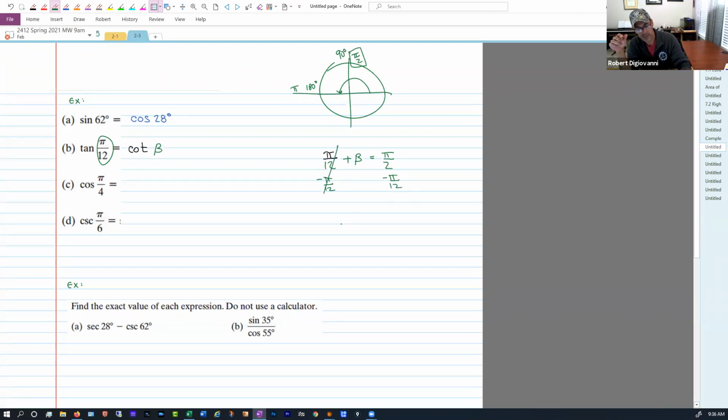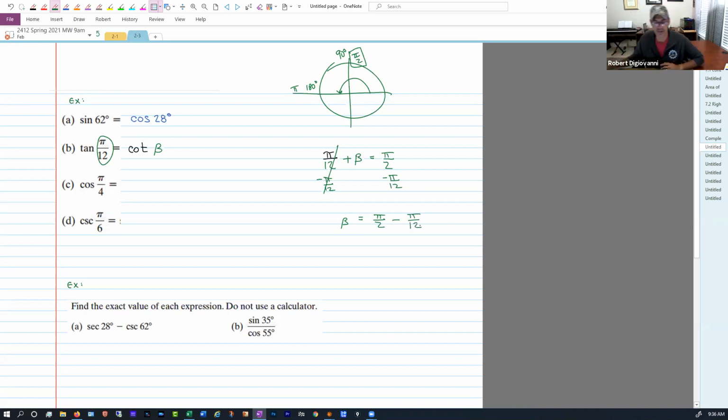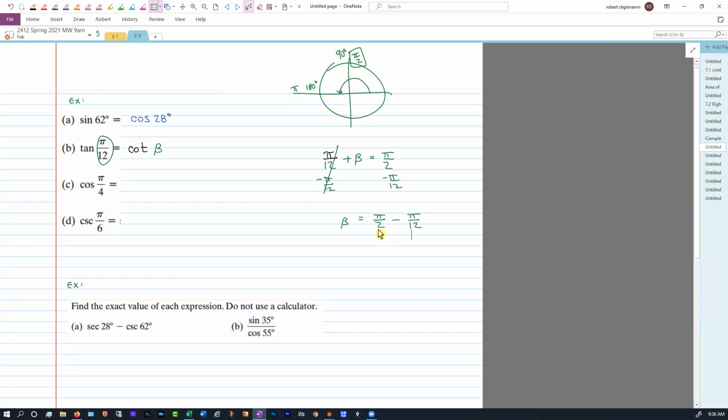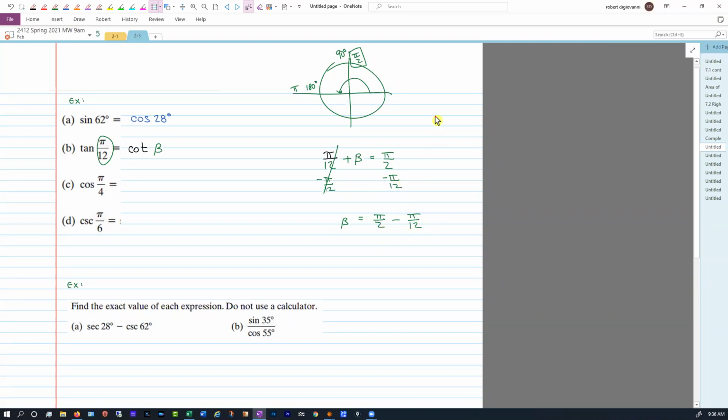Now here's the tricky part. I want to take pi over 2 and subtract pi over 12. When we've subtracted fractions in the past, what do we have to have in order to add or subtract fractions? The same denominator.